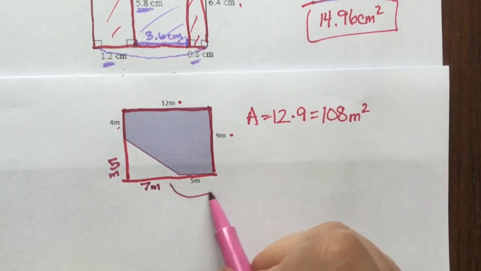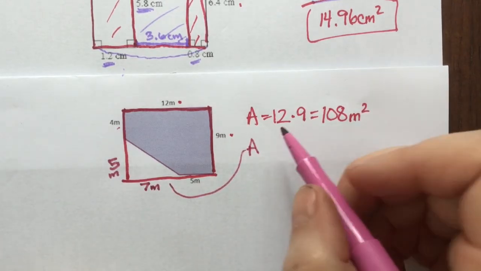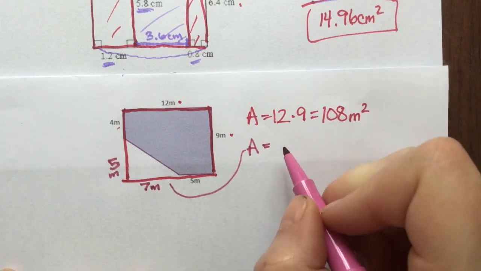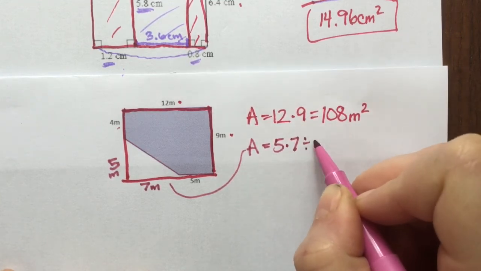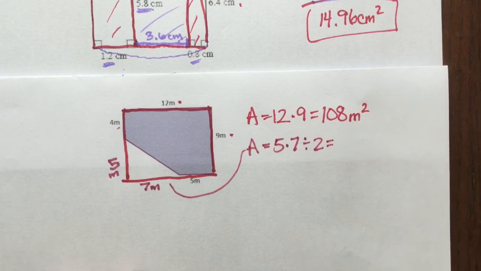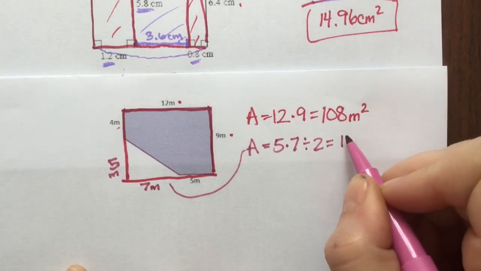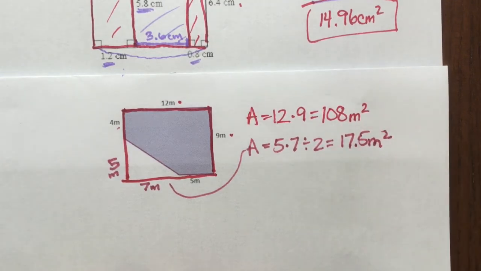So I need to find the area of that 5 by 7 triangle. 5 and 7 are my base and height. Area of a triangle is base times height divided by 2. So I'm going to do 5 times 7 divided by 2. 5 times 7 is 35. 35 divided by 2, 17.5 square meters.